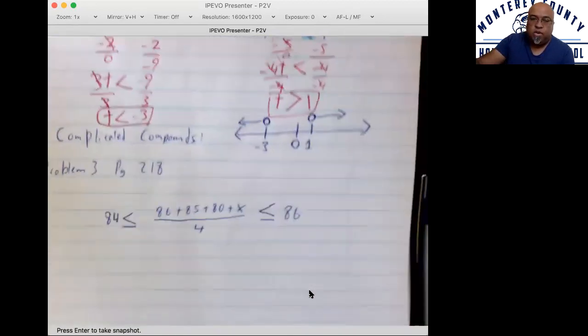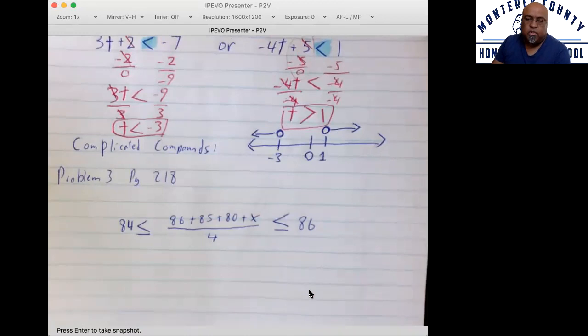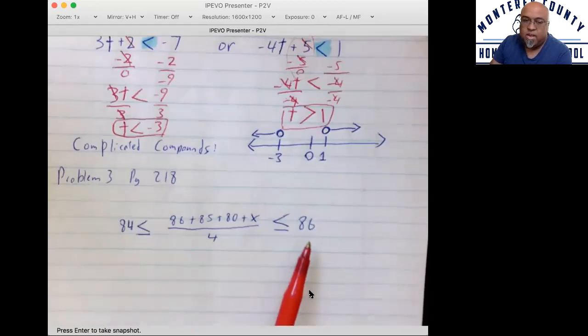Now, students, when we talked, you did say that you would prefer to have maybe a few more details. There's a complicated problem. It's on page 218. It's problem number 3. It's saying that if you were taking a bunch of tests, and in order to pass with a B, you have to get between 84 and 86 on your last test.